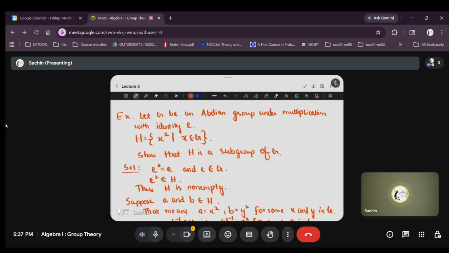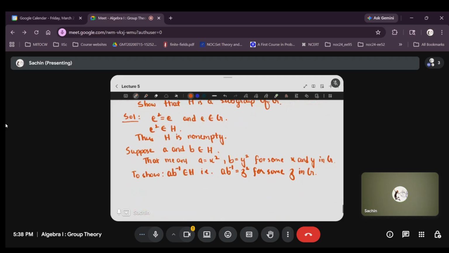It is the square of all elements of G. So if some element belongs to H, then it is the square of some element in G. How will you show this?